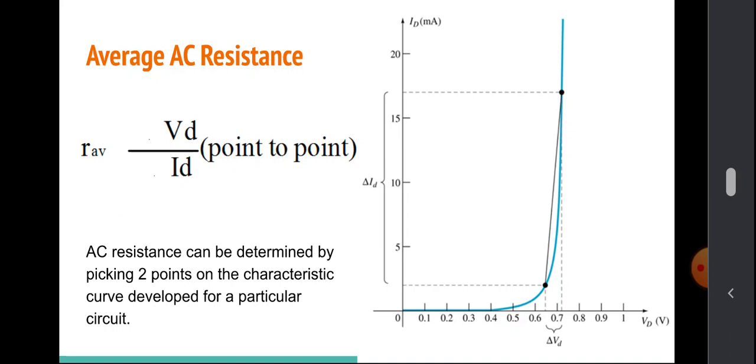From the first point to the second point, there is a change in voltage, calculated along the horizontal line, and the change of current along the vertical line. By getting that, you can use that data to find the average resistance.